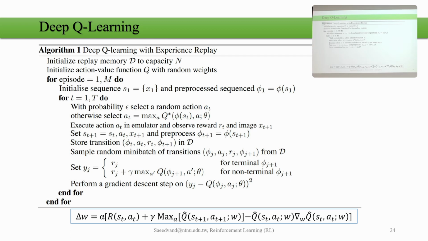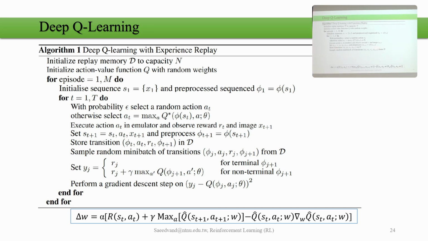Then the next state becomes the current state, and we can store the transition in the memory that I mentioned, with different elements. Here you can see the state. This state can also be a set of states, not only one: it can be 2 frames, 5 frames, 10 frames, depending on what we are doing. Set of states, action, reward, set of next states.